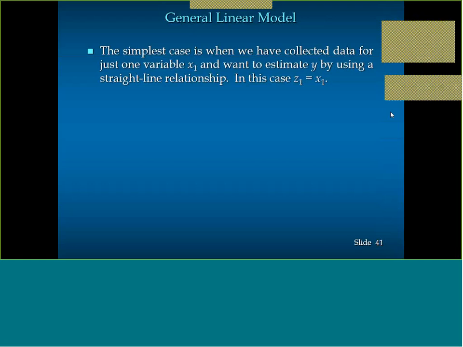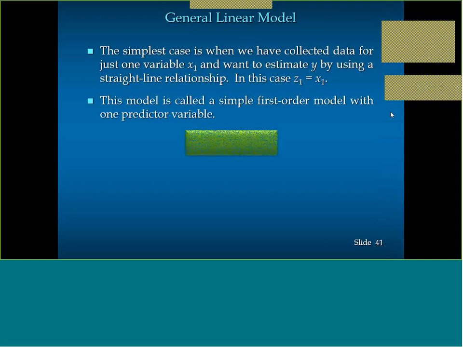In such a case z2, z3 and so on zp become 0 and z1 becomes x1. So this model is called a simple first order model with one predictor, that is, one independent variable. Yes, this we have already done. This is the simple linear regression model or a first order model.